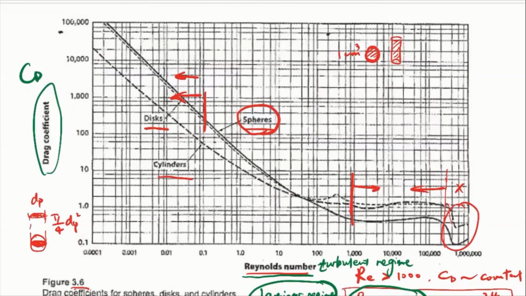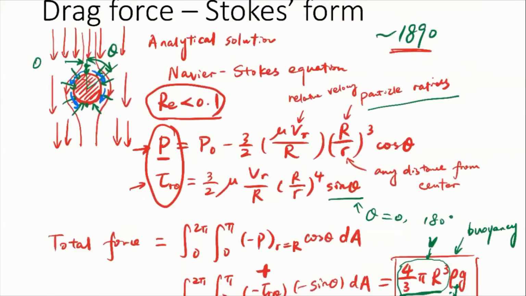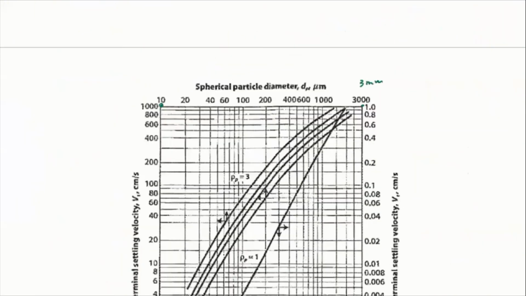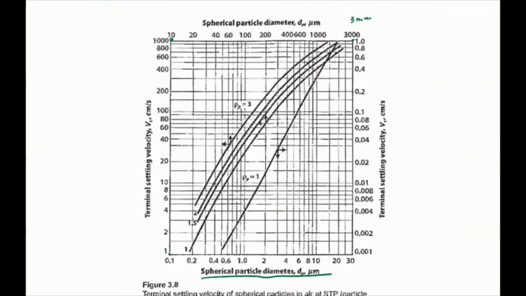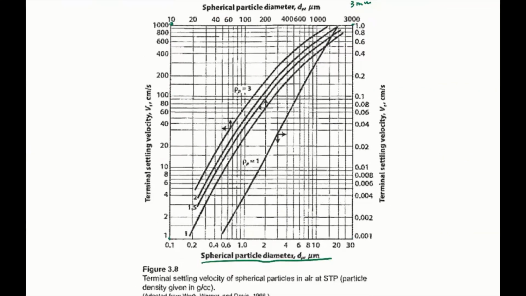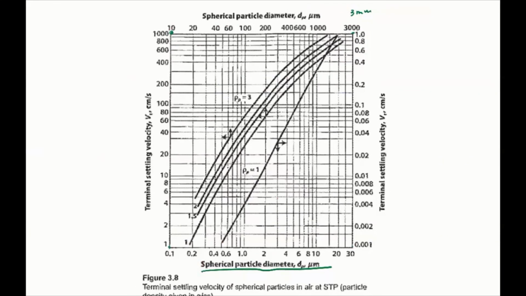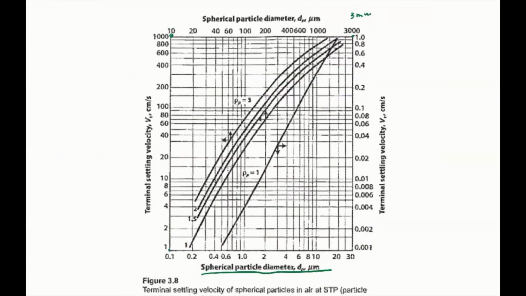Okay, so we were just trying to understand the Reynolds number below 0.1, but the results shown in that graph consider all Reynolds number conditions, right? In this graph, we can briefly find out the settling velocity for particles with different sizes. Let's say we have a particle that has a density rho p of 1. This 1 here means the density is equal to the water density, okay?